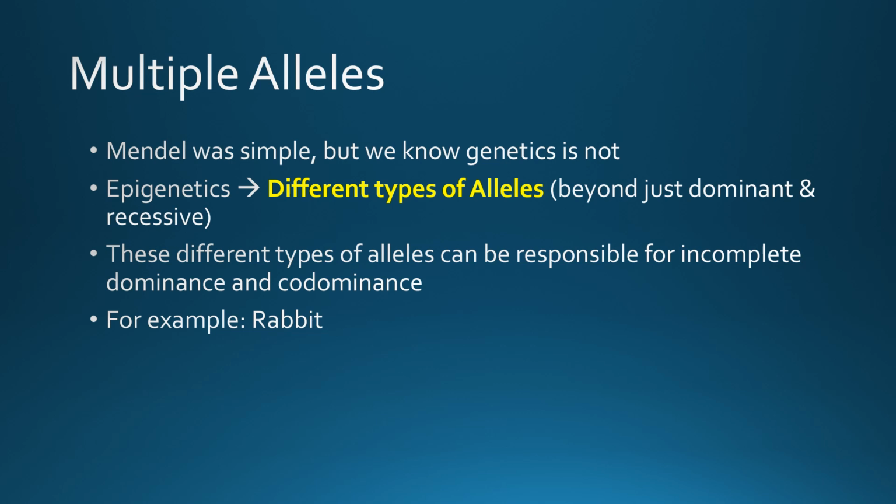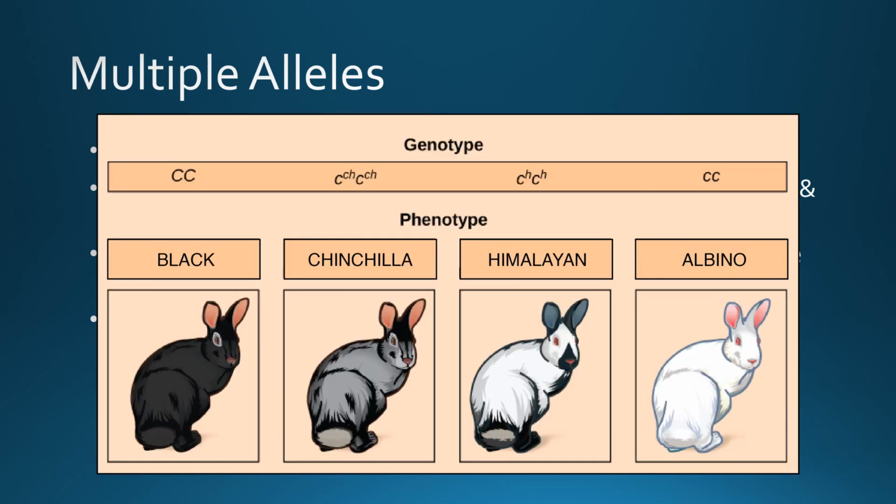Let's look at rabbits for an example. I have either a black rabbit, a chinchilla rabbit, a Himalayan rabbit, or an albino rabbit. And it all has to do with their genotype. Take a look at their genotype. We're looking at the letter C. If I have two homozygous dominant Cs, I get a black rabbit. If I have two homozygous recessive Cs, I get an albino rabbit.